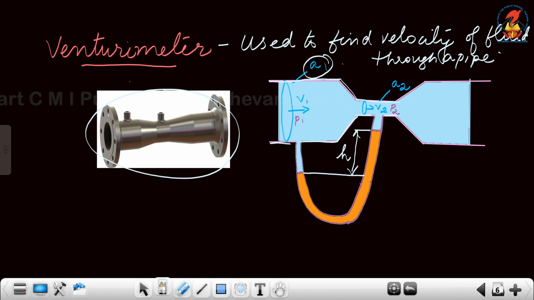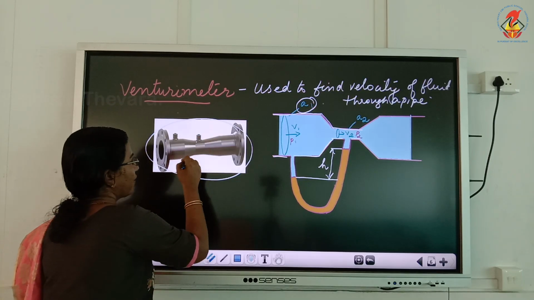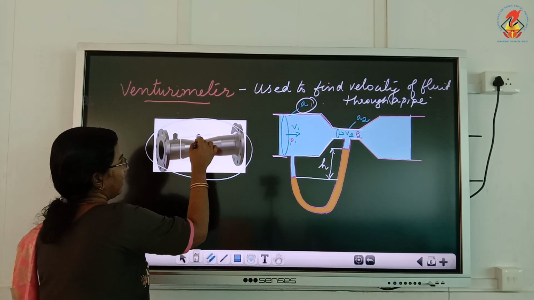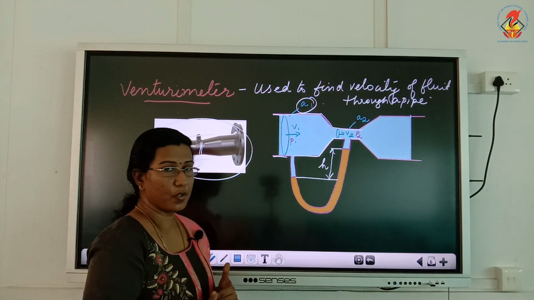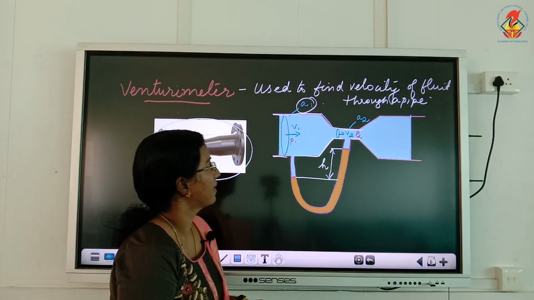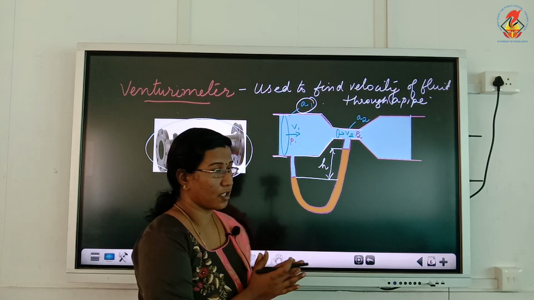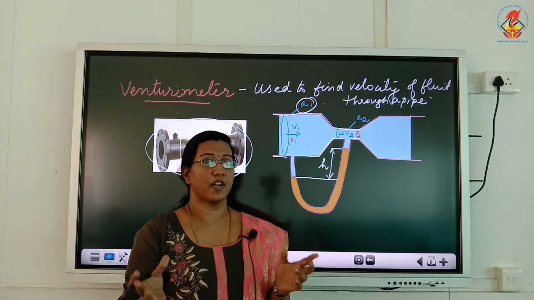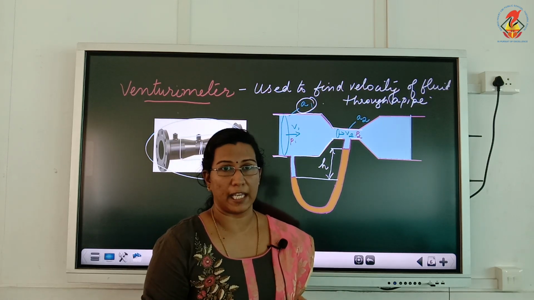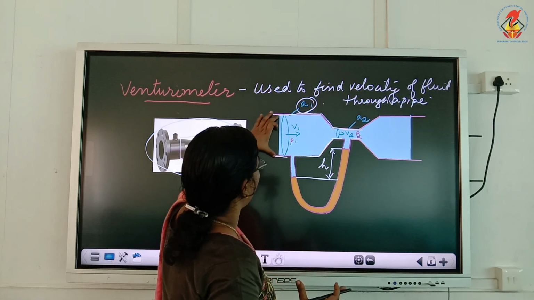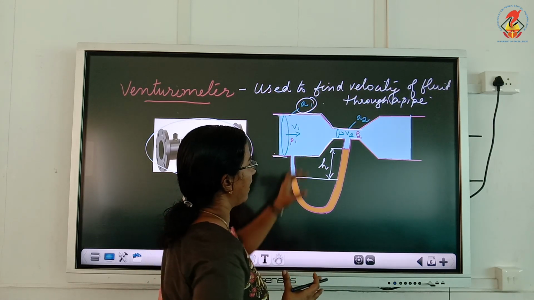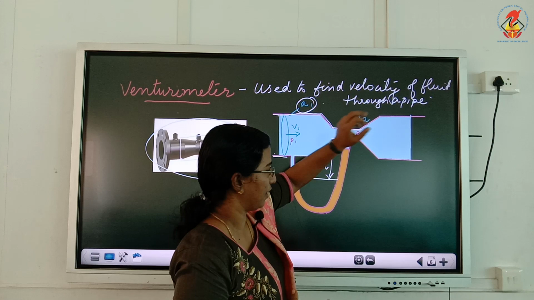When you compare this with the figure, you can understand this difference is very small, but for you to understand I have drawn it like this. So Venturimeter consists of a horizontal tube of varying cross sectional area, a wider cross section having area A1 and a narrow cross section having area A2.